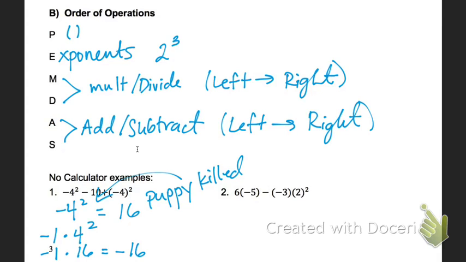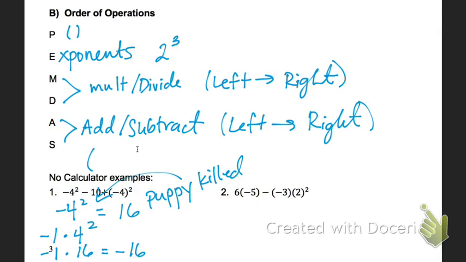So I want you to write this down, and I want you to circle it and highlight it, because this is the most common mistake, and I don't want you to make it. If you have a negative in front of a number with an exponent, and there are no parentheses around it, you keep that sign, okay?